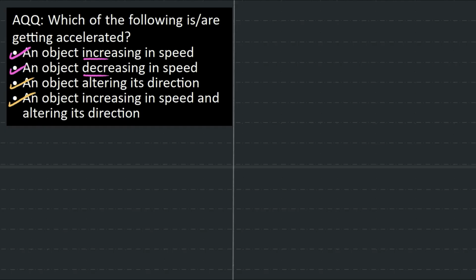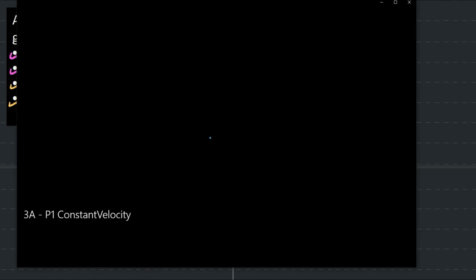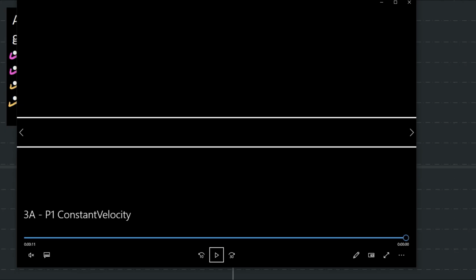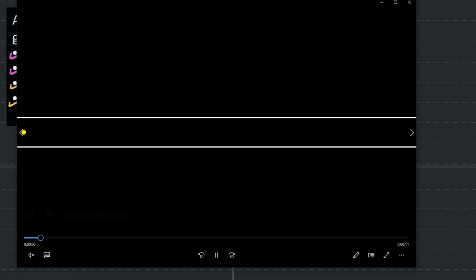So I'll show you one example. So this example is an object moving in. Yes. Do you think there is an acceleration happening over here? Is the object accelerating? No. Can you tell why no?